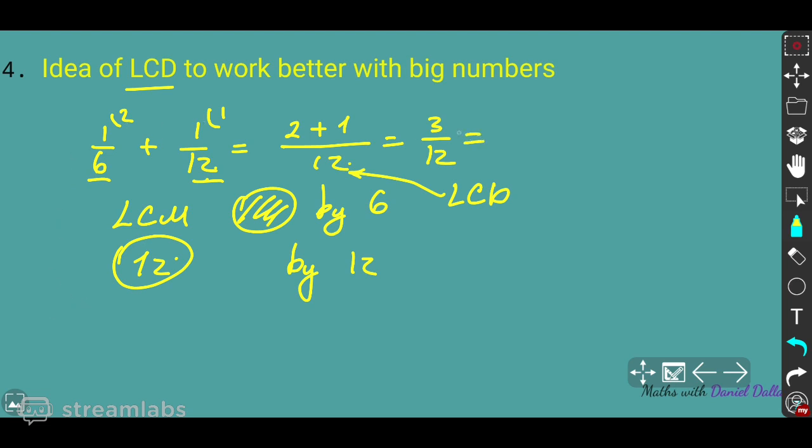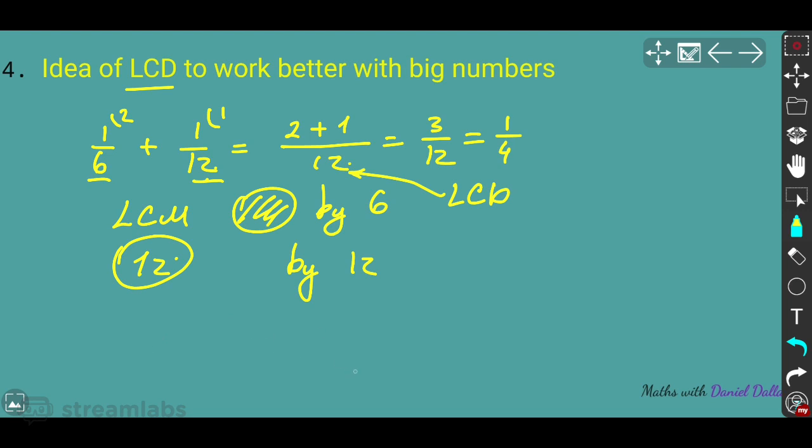So that's 3 over 12, or you can cancel it as 1 over 4 finally. Okay, so that's an idea, and that's how you can rearrange fractions.